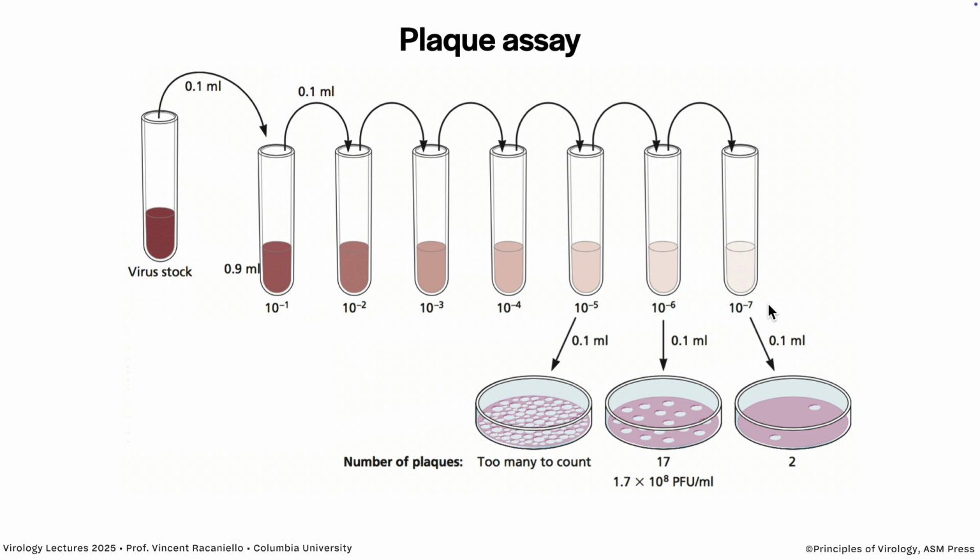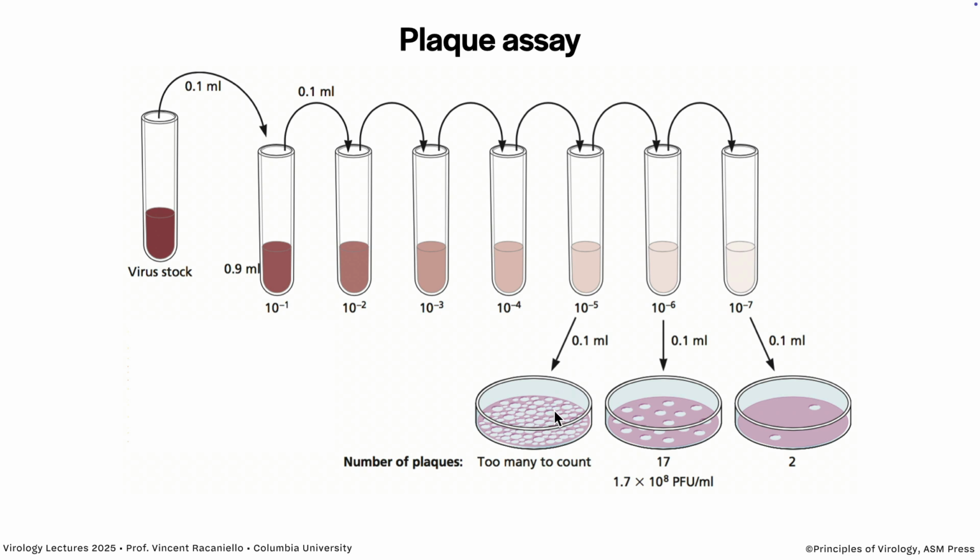Usually you have some indication of that. And then you take samples of each dilution and plate them on cells. Now you have cells growing in the lab as a monolayer covering the plastic dish. You remove the medium and you add 0.1 mL of virus. So the 0.1 ml of virus is essentially another tenfold dilution.